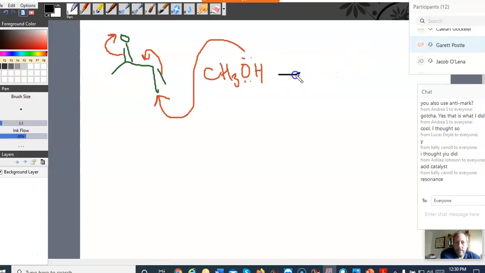So the compound is going to look like, sorry, I forgot a pi bond in there. Got a pi bond in here.